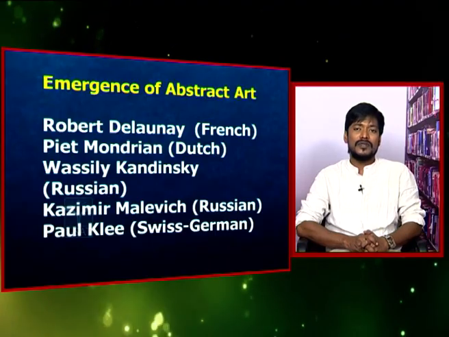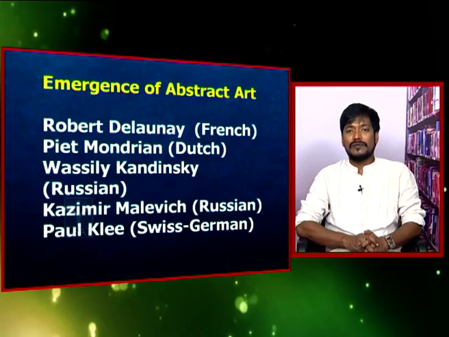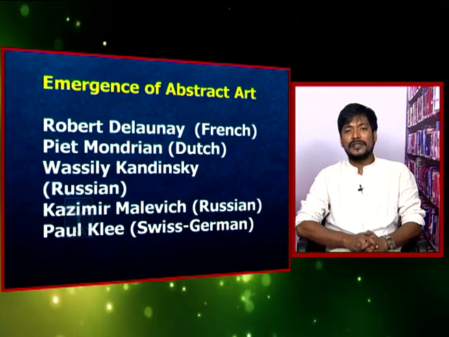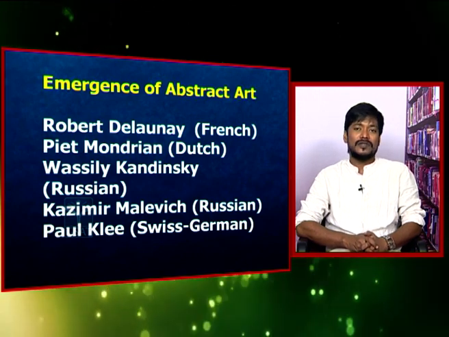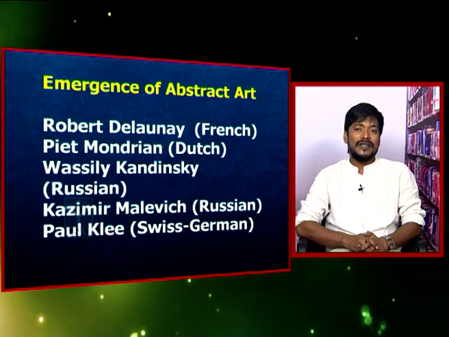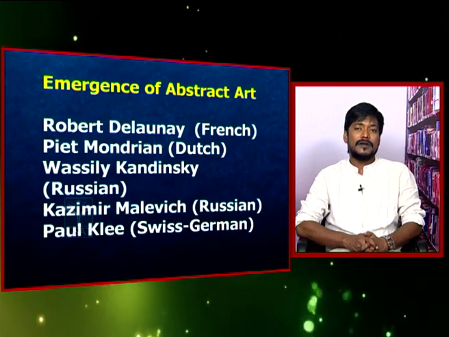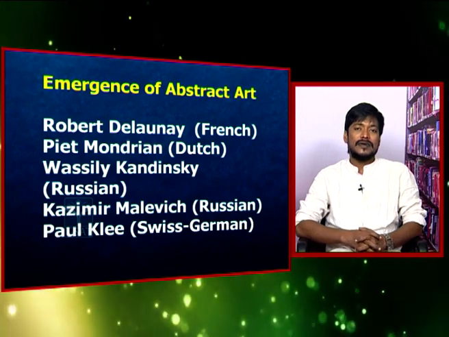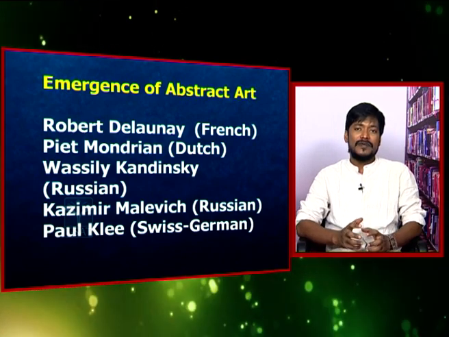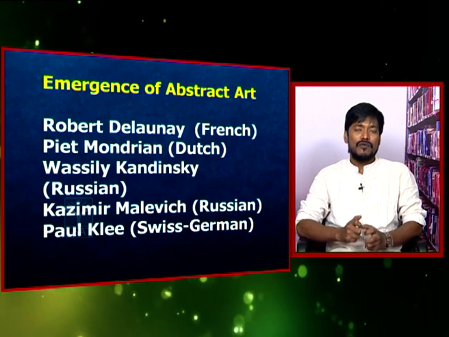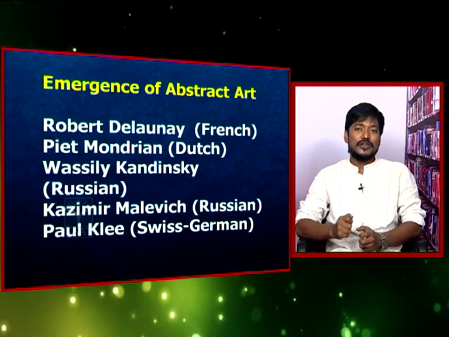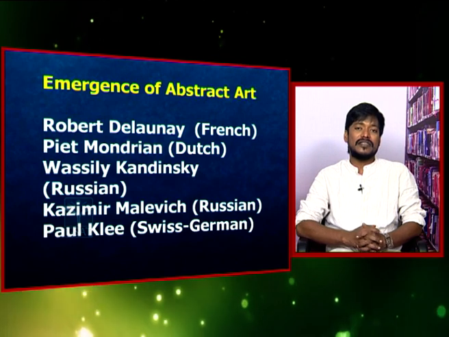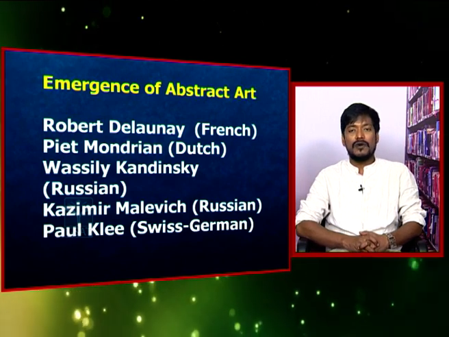Robert Delaunay was French, one of the early abstract painters. Piet Mondrian was a very important Dutch painter who worked largely with simplified, pure forms and a geometric organization of shapes and forms.